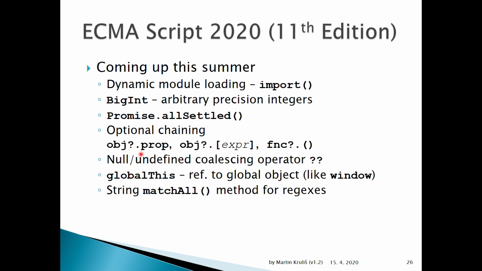And also we have this special operator which allows safe dereferencing of objects, arrays or functions. So this actually will safely resolve the object and access the property only if the object itself is not null or is not undefined. Also here, this will only invoke the function if this variable holds a valid function, otherwise not. So it's an easier way how to implement things where variables may be null or undefined.